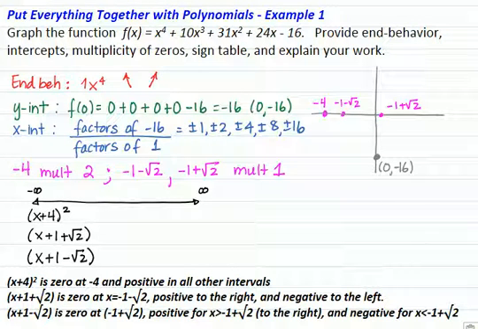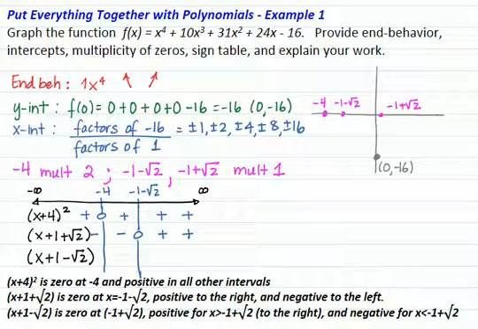x plus 4 is 0 at negative 4, and it is positive in all other intervals. x plus 1 plus the square root of 2 is 0 at negative 1 minus the square root of 2, and positive when x is greater than and negative when x is less than, to the left of, the zero.